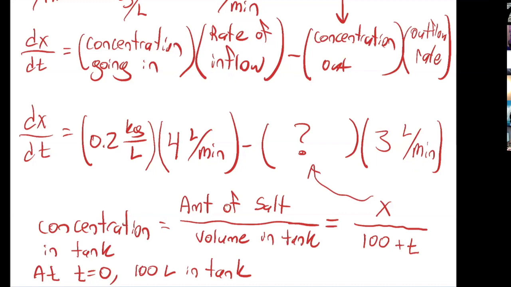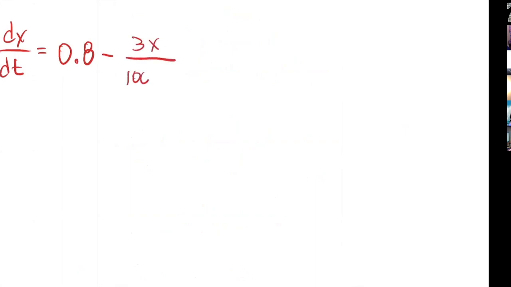Any questions so far? So then our differential equation, if we start to simplify things, would look like this: I could take the 4 times the 0.2, and that would give me the inflow of 0.8, and then the outflow is the 3 times x over 100 plus t.